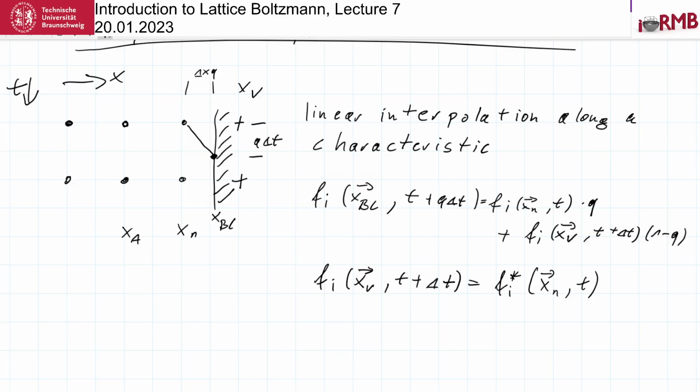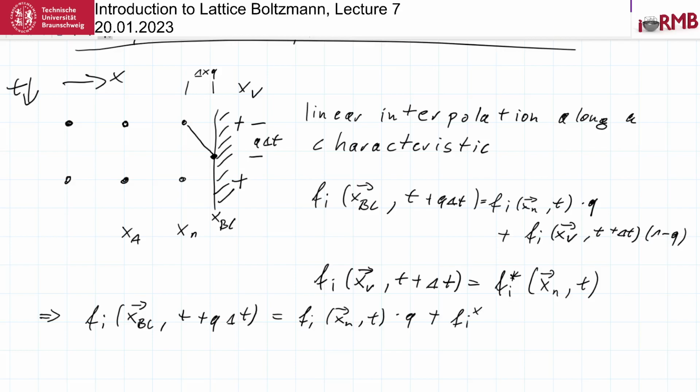Because you see that going to the boundary, f_i at the boundary BC, t plus q delta t is nothing else than f_i at x_n and t times q plus f_i post-collision at x_n, t and 1 minus q. I'm going to call this equation 1 now.